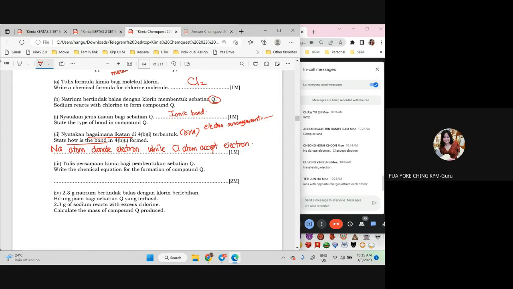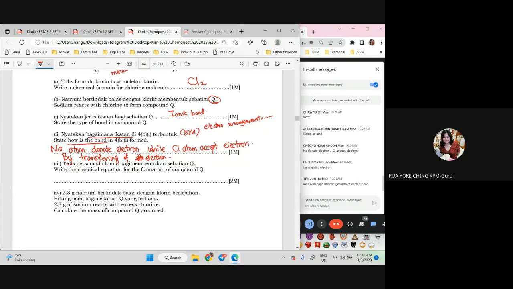How is the bond formed? By transferring of electron. Okay? So this is how the bond is formed.